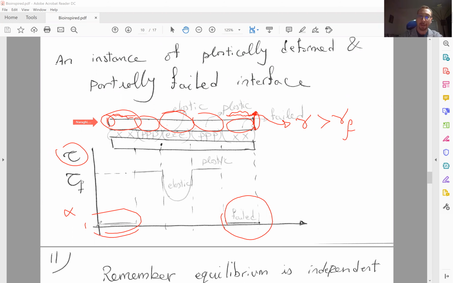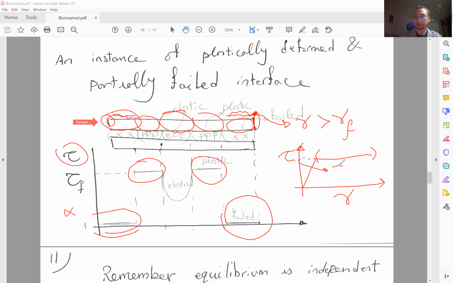In these regions where the tablet is deforming plastically, it's exactly equal to tau f, because if you remember, the stress-strain curve response of the tablet is something like that. Every time that it's plastic, the shear stress is equal to tau f. And in the region in between, we're experiencing an elastic response of the mortar.